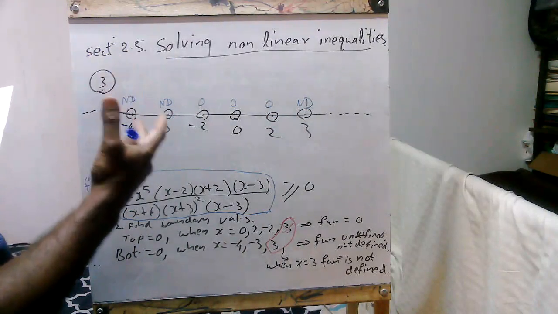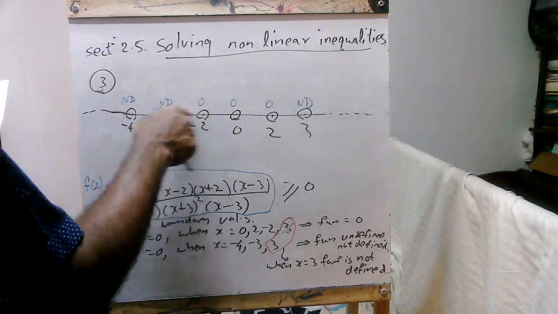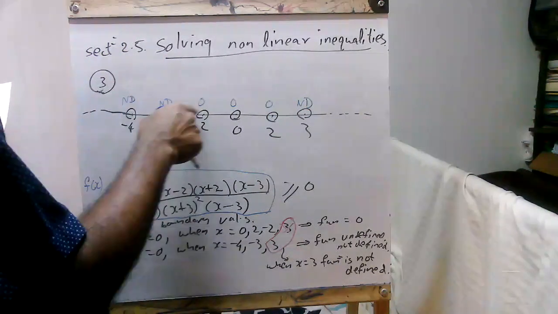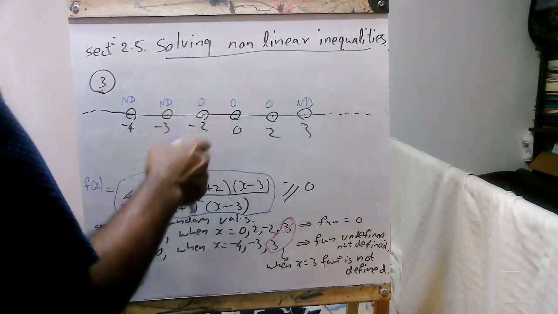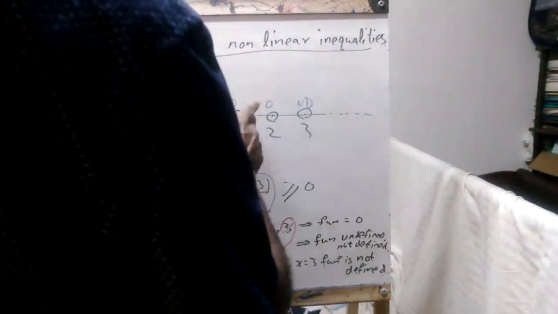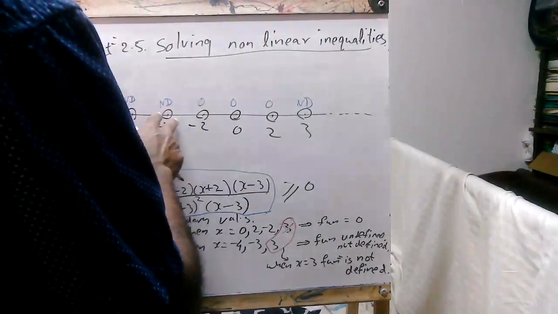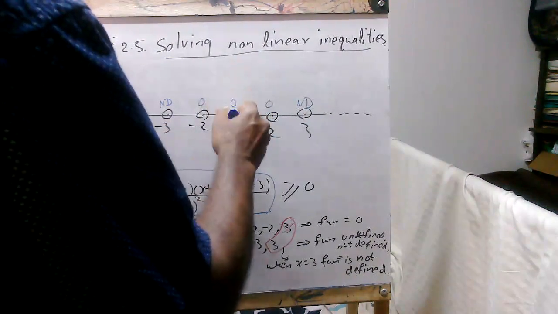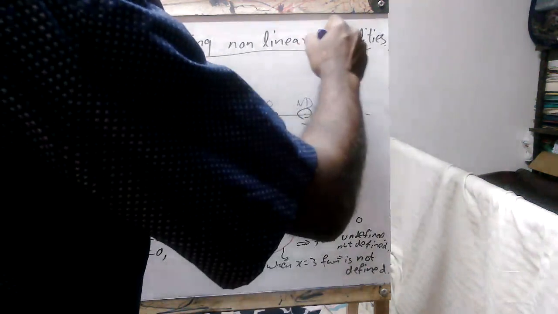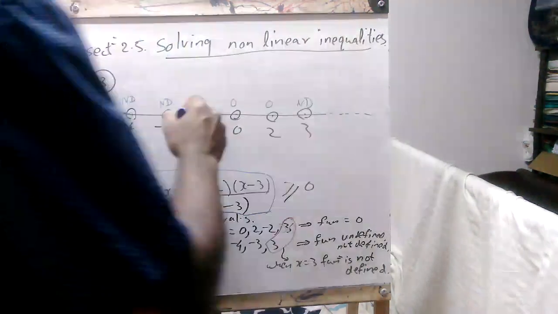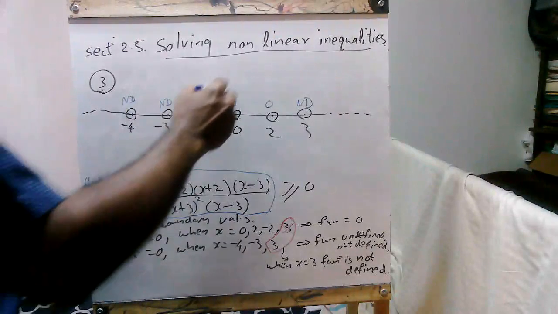Where it is greater than 0, since this is 0, we cannot say here it is greater than and here it is less than, or vice versa. We cannot say on this side it is positive and on that side the function is negative. When we draw it, it's a graph, right?